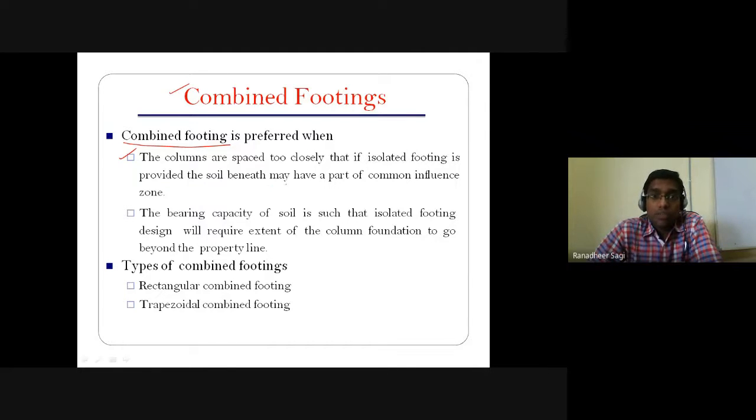soil beneath that particular isolated footing may have a part of what is called a common influence zone.